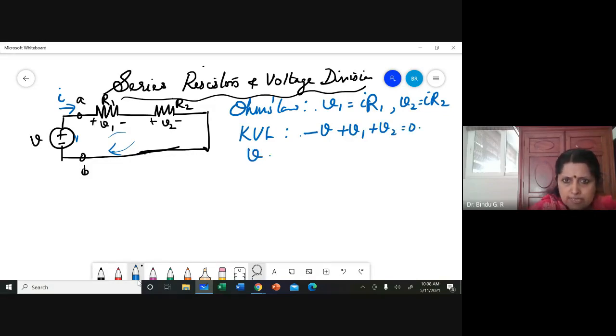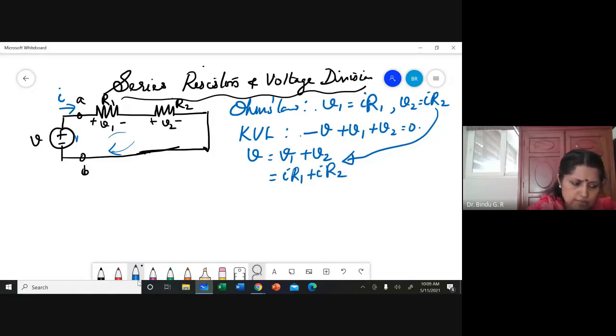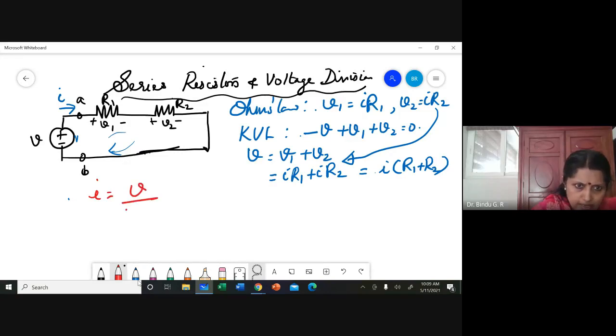So V is equal to V1 plus V2, or if I substitute, IR1 plus IR2, which I'll get as I into R1 plus R2, or I is equal to V by R1 plus R2, which I take as V by R equivalent. In a series circuit, this is equal to this.